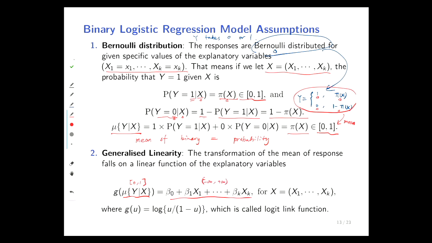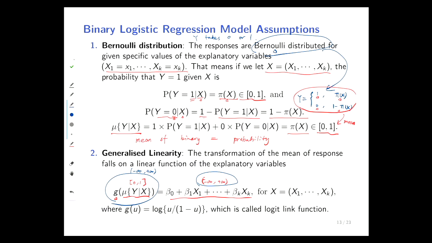So in order to match these two, we just add a link or add a bridge, which is called the link function g. We add this g such that on the left side of the equation, we also have minus infinity to infinity, and on the right side of the equation, we always have minus infinity to infinity.